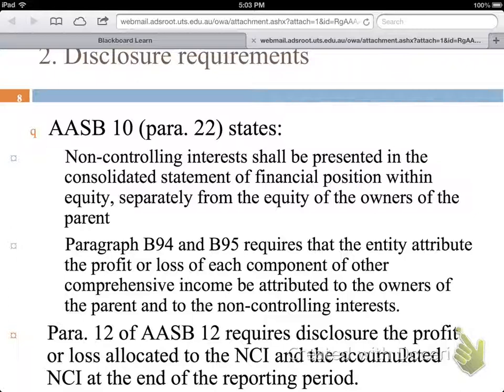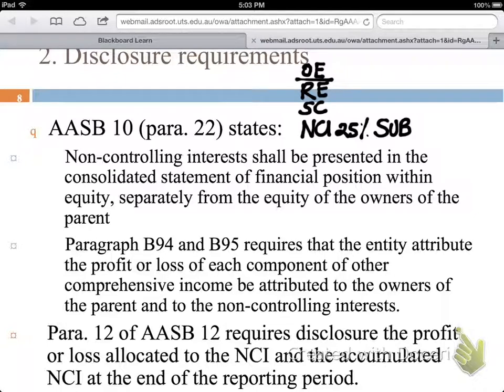It means that from now on, if you have a look at the statement of financial position, you will have a list of assets, liabilities, and then under owner's equity, you'll find retained earnings, share capital, a number of reserve accounts, and what you'll find here is non-controlling interest. Calculated as, if I have a look at the previous diagram, you simply take 25% times all the equity in the subsidiary. Okay?